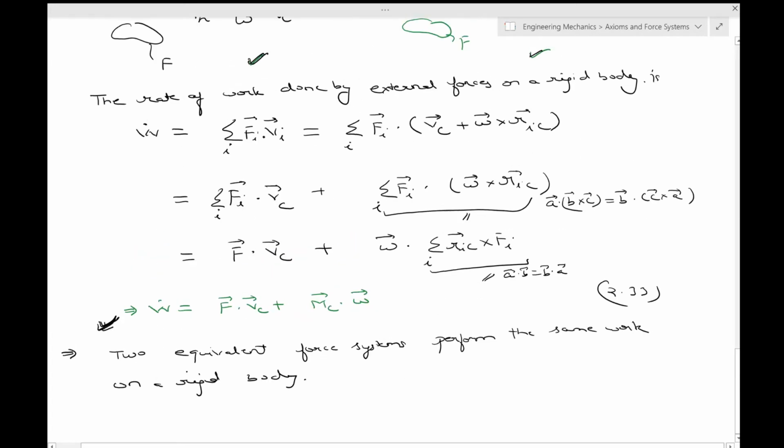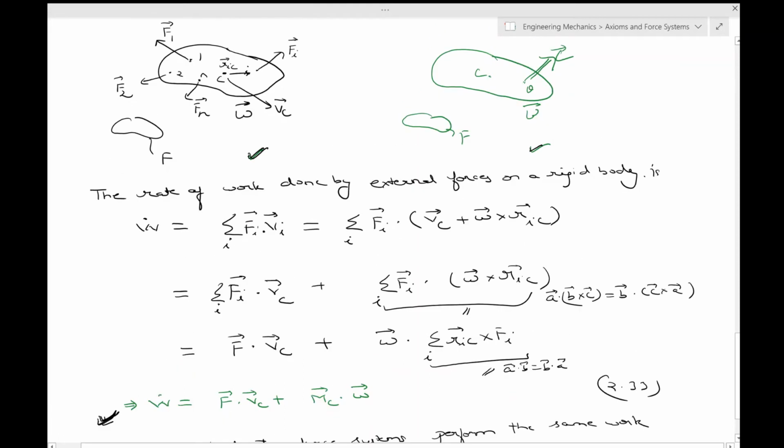So if you were to replace this by an equivalent force system which has just a force F and then you had an Mc, okay, you would just get this quantity. Now if you had this couple moment acting, you know that the work done over here would be Mc, in this green figure, omega.